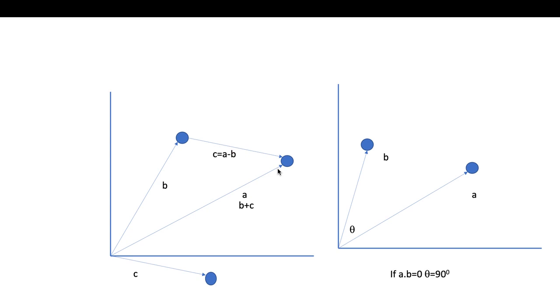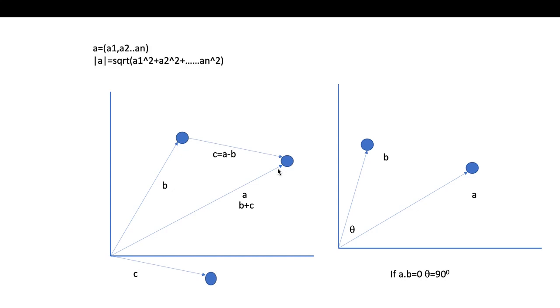We know that for theta of 90 degrees, cos 90 degrees is 0, so the dot product is 0. On the other hand, if we find the dot product to be 0, we know that the angle between them is 90 degrees. The more similar two vectors are, the higher the dot product. If the dot product is 0, the two vectors are perpendicular to each other.